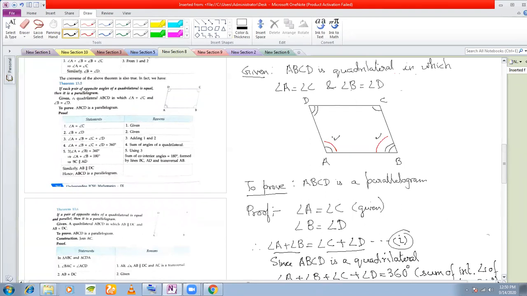If these two are co-interior angles, that means this side must be parallel to this side. Am I right or wrong? Yes, sir. If these two angles are co-interior angles, that means these two must be parallel. That is why they are co-interior angles, that is why the sum is 180 degrees, right?